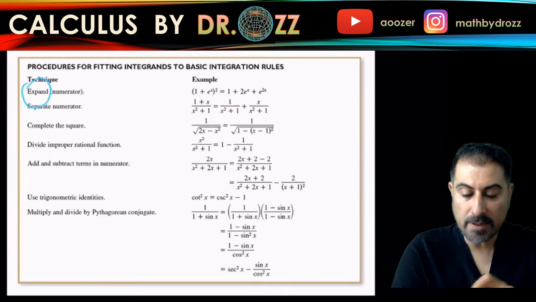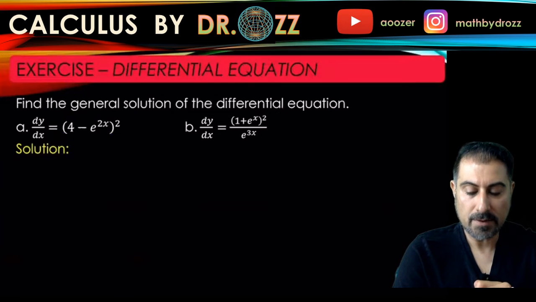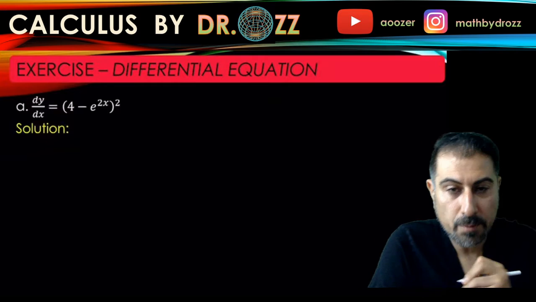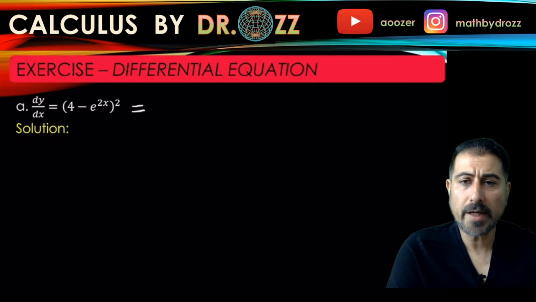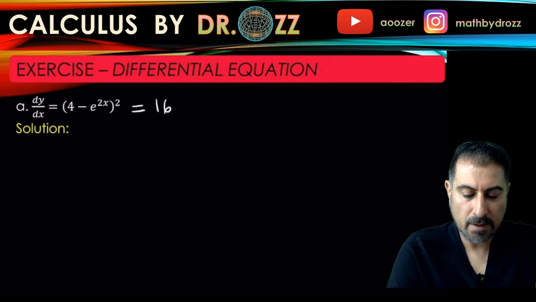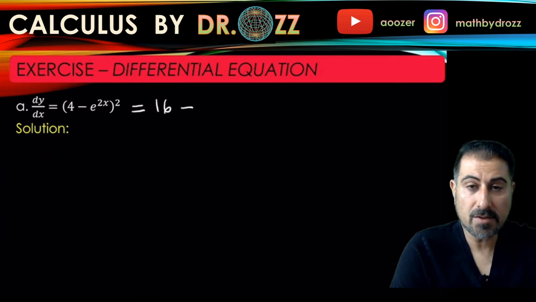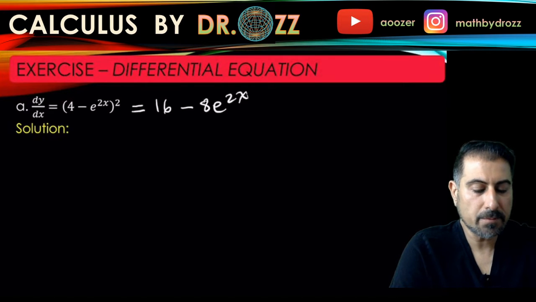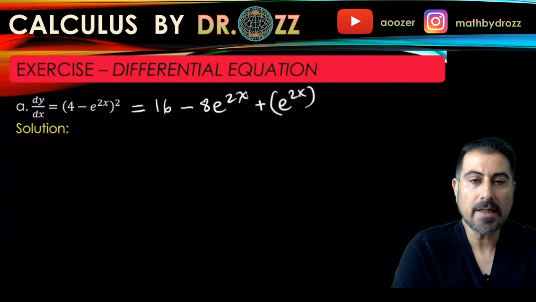Okay, so I will consider expanding 4 minus e to the 2x quantity squared. So why don't we do that? 4 squared is 16, minus twice of 4 and e to the 2x, and that is 8 e to the 2x, plus e to the 2x quantity squared.